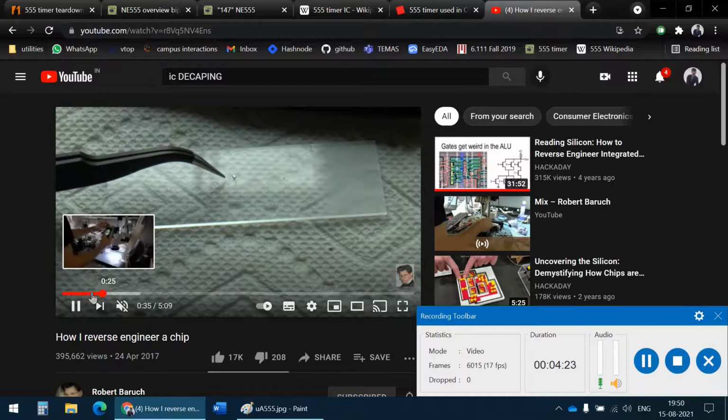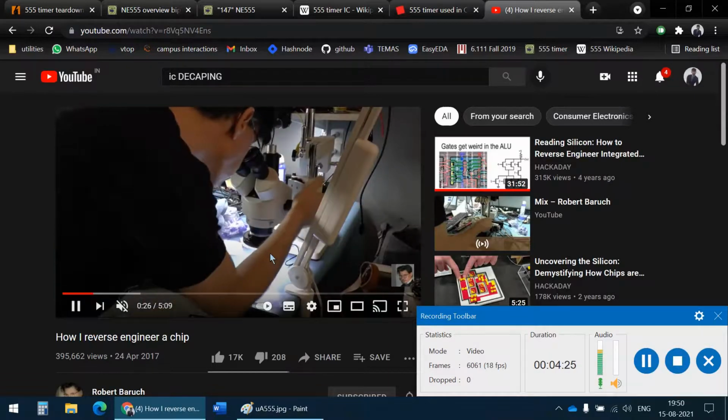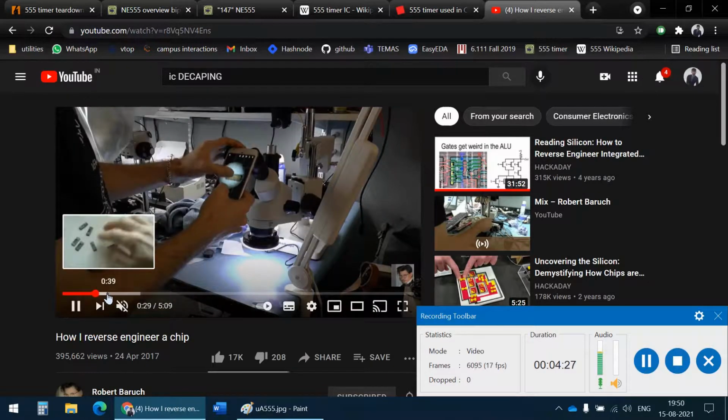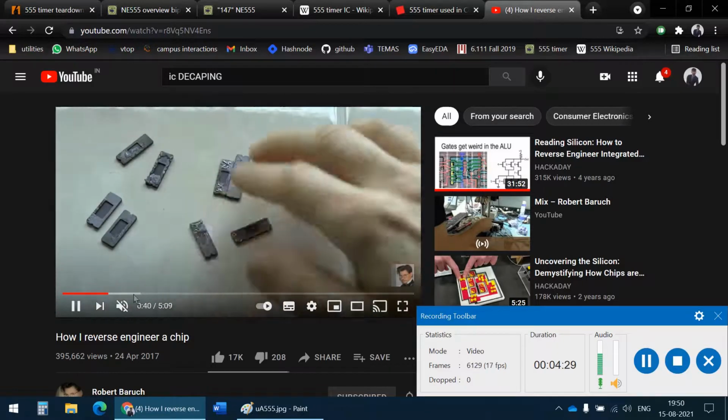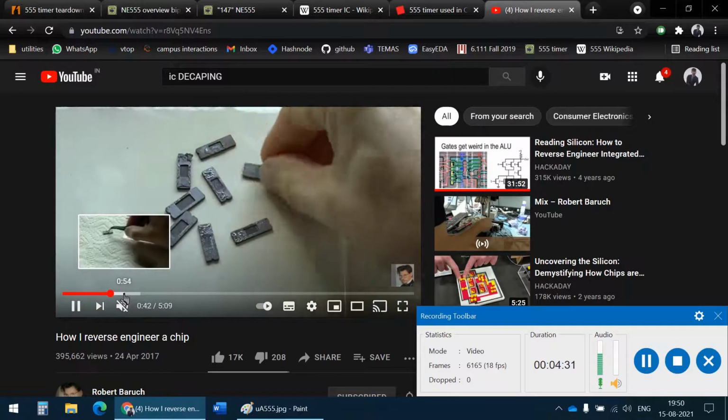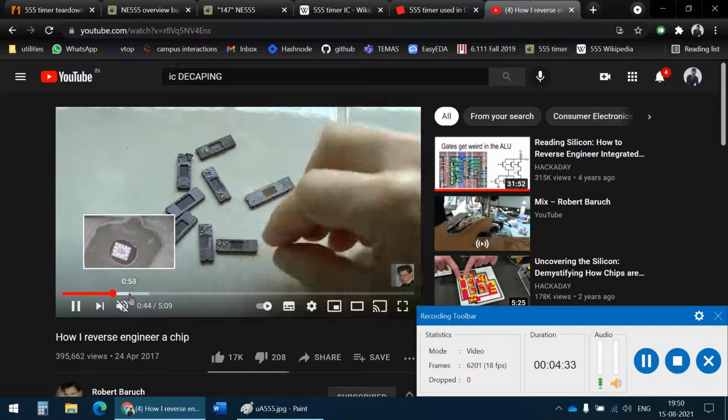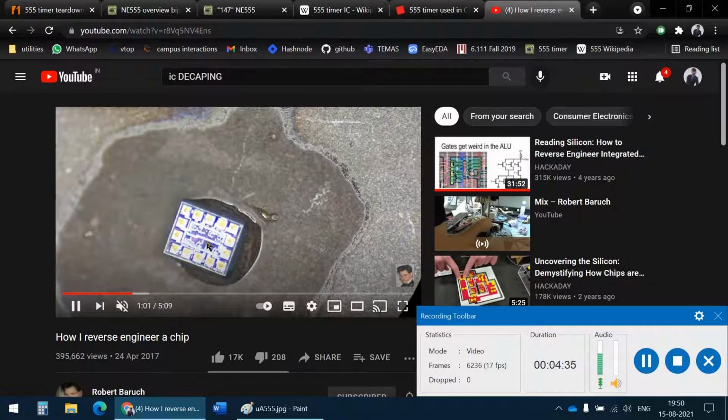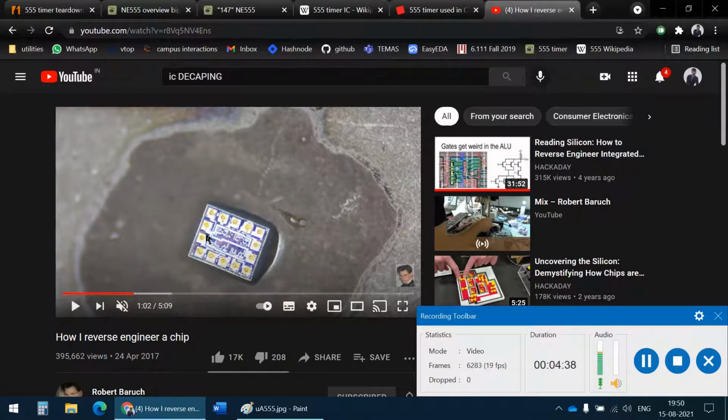He goes ahead and removes the plastic coating with some nitric acid, and then what he gets is the die image. So this is really small, a few nanometers across. This is the die, and he, sorry, so yeah, this is the die image.